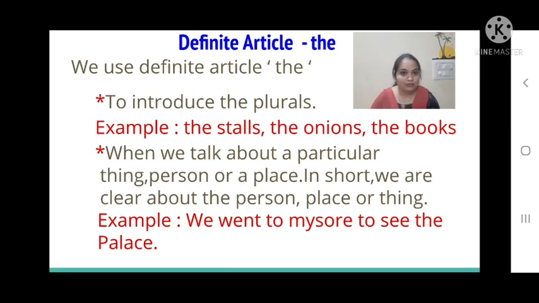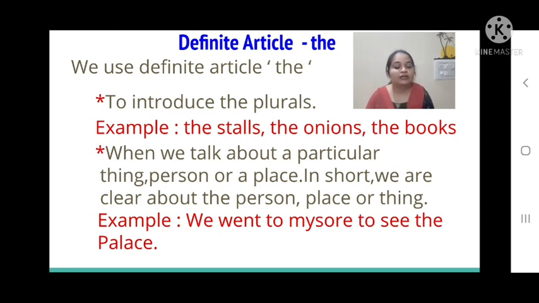And also when we use the, we should make sure we are talking about a person or thing or a place in particular. So to say in short, we are clear about which person or which place or which thing we are talking about. For example, we went to Mysore to see the palace.